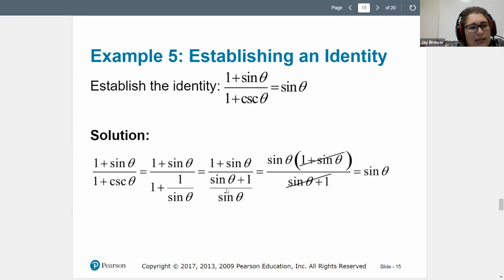So then honestly, at that point, it's just a matter of rearranging and canceling out, okay? So they rearranged into sine theta, and then they combined their bottom fraction. And once they did that, they were able to eliminate, and then you can see where they got just sine theta out. Any questions with that one?